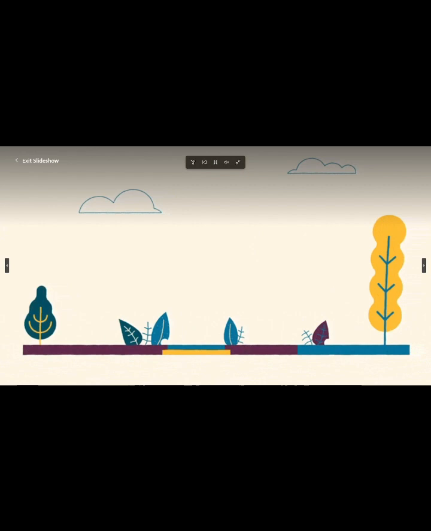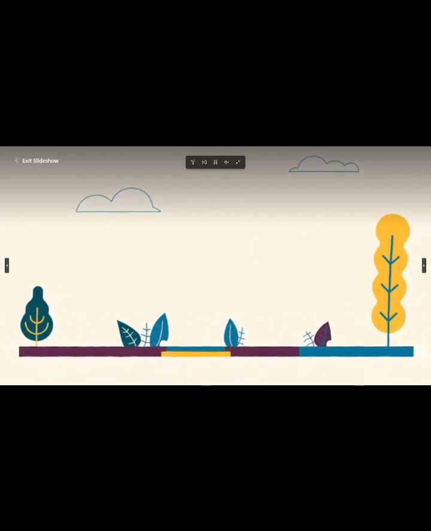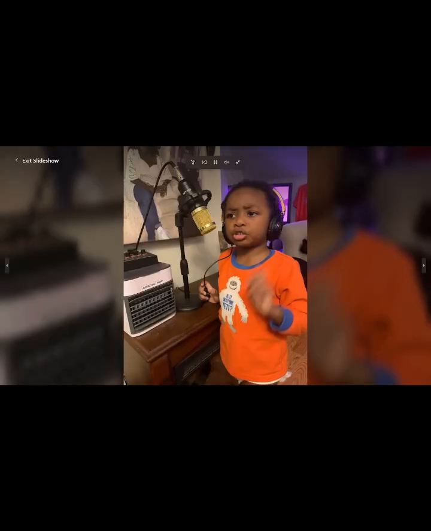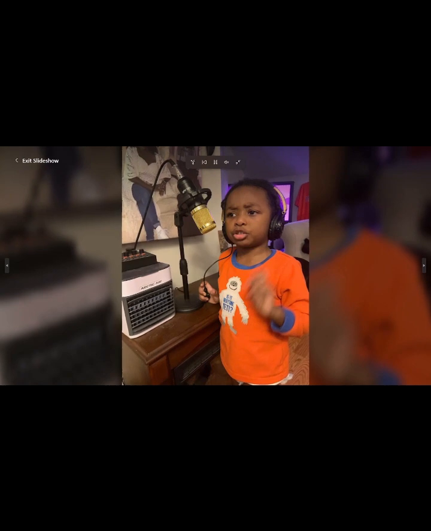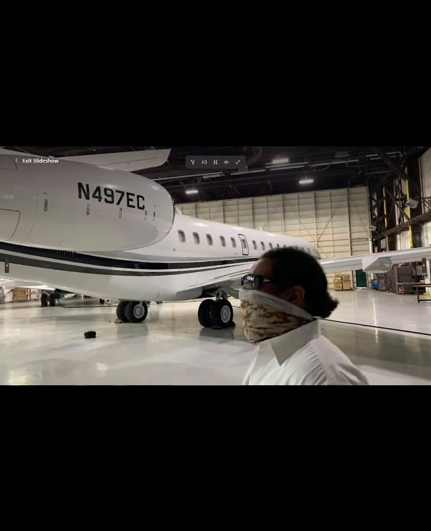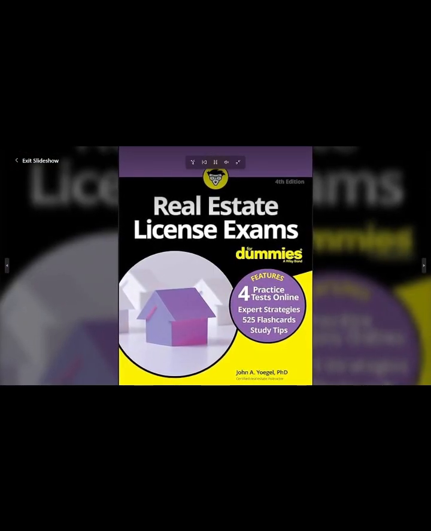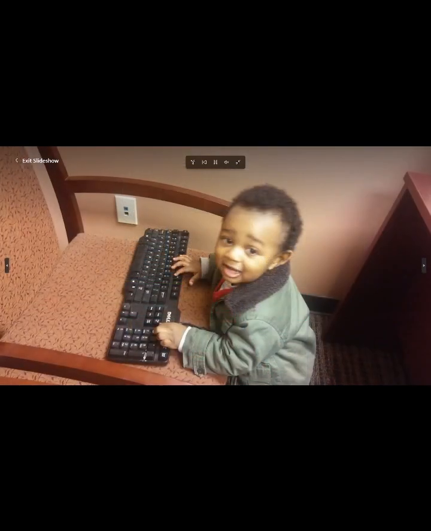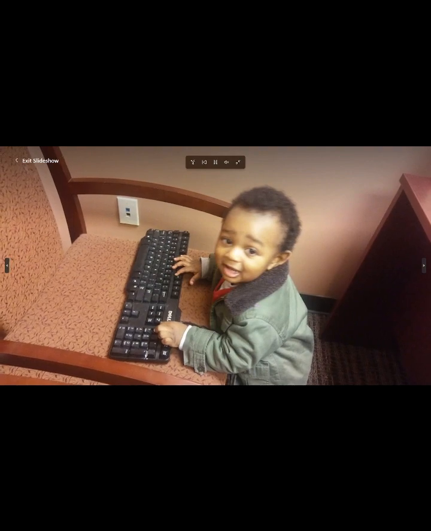Question number 5. An agent representing both a client and a customer would be practicing A, single agency, B, dual agency, C, exclusive agency, D, open agency. Correct answer, B, dual agency. Dual agency is the best answer.